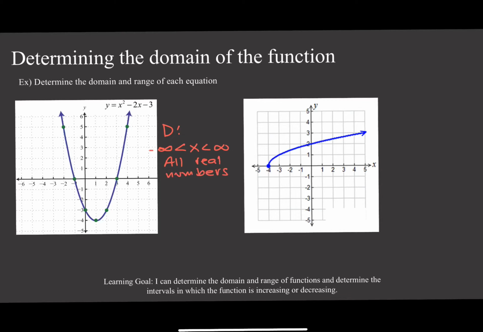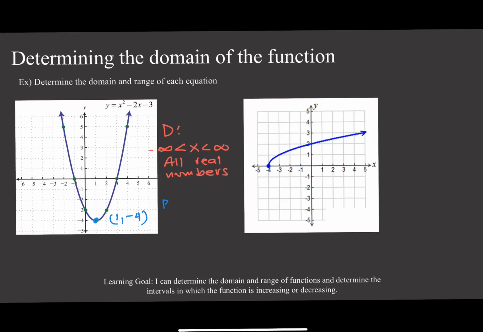So now if we look for the range of this function, we're looking for our y values. And we do actually have a smallest y value, and it would be at this point 1, negative 4. Notice, however, again, we have the arrows on the other ends. That means it keeps growing forever. It keeps going on to infinity.